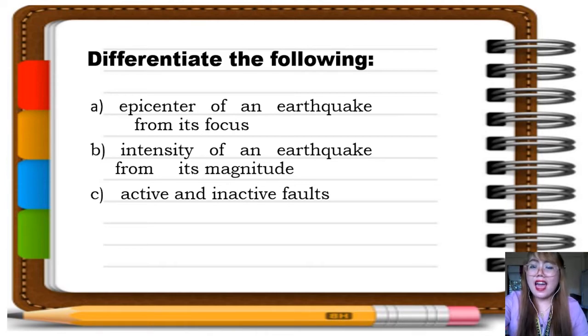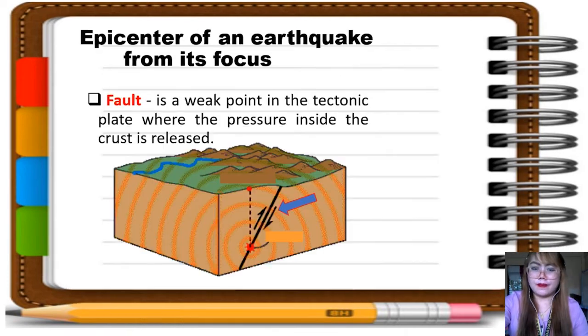And C. Active and inactive faults. Now, let's start with the fault. How will you describe a fault? A fault is a weak point in the tectonic plate where the pressure inside the crust is released.